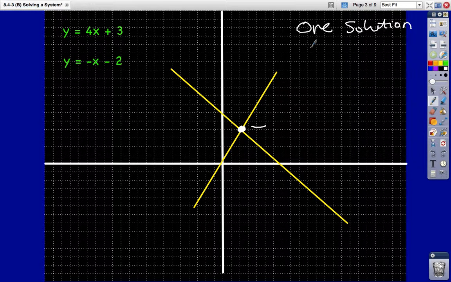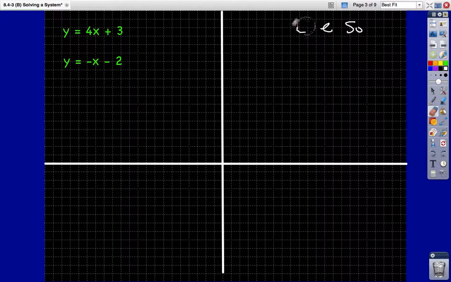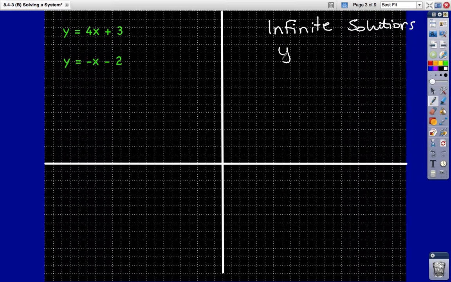Let me show you what a system would look like if we have infinite solutions. An infinite solution system is two lines that are exactly the same, infinite solutions. So at first the equations may look different, like if I had y equals 2x plus 1, and then I had a second equation that looked like 4y equals 8x plus 4.